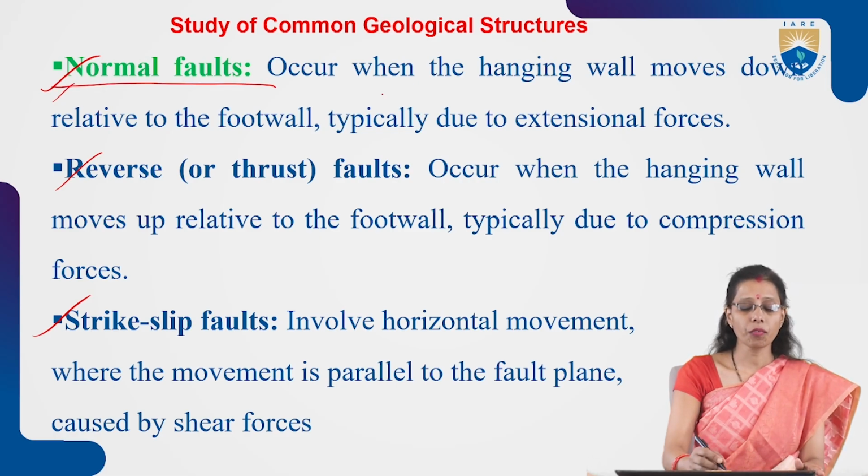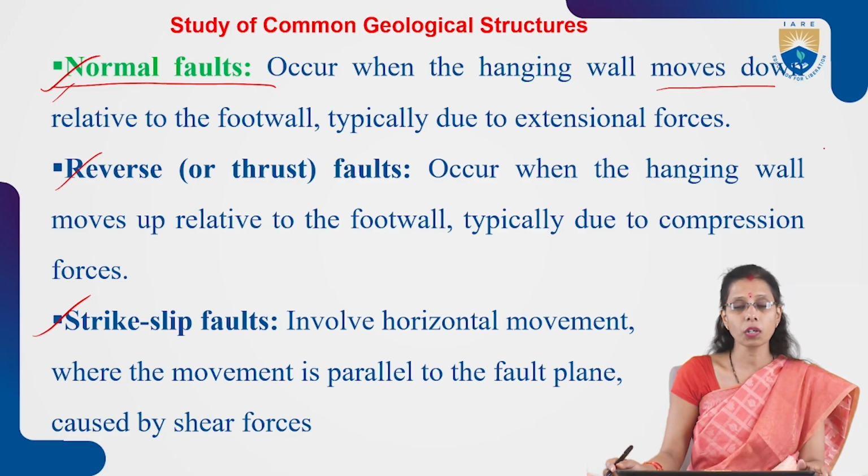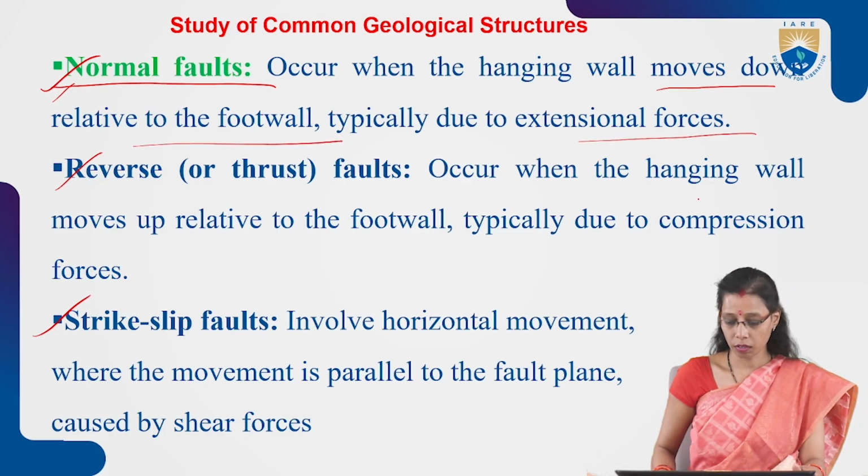Now we have a normal fault, which occurs when the hanging wall moves down relative to the footwall, typically due to extensional forces.